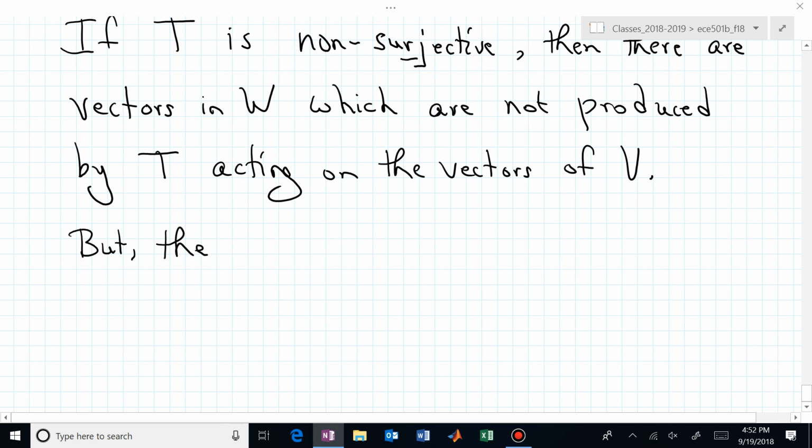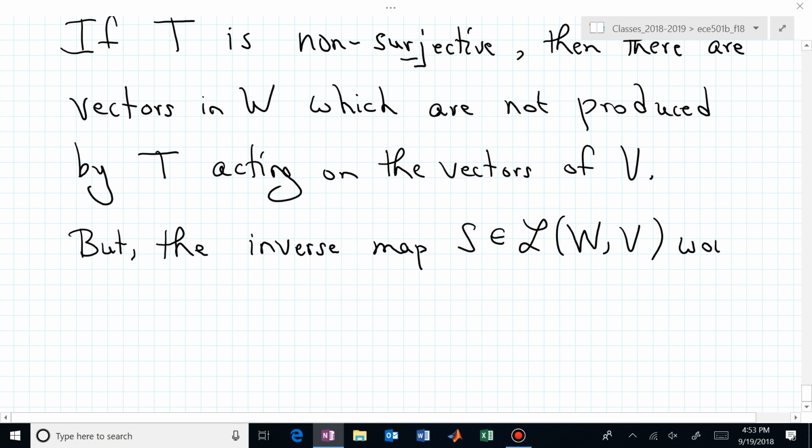But now if we had an inverse map S, that's supposed to start with any vector in W and take us to V, what does it do with those vectors in W that we didn't map to with T? It doesn't know what to do with those.